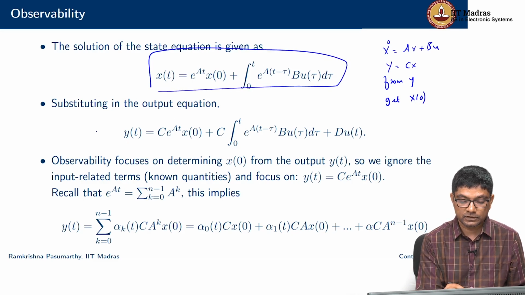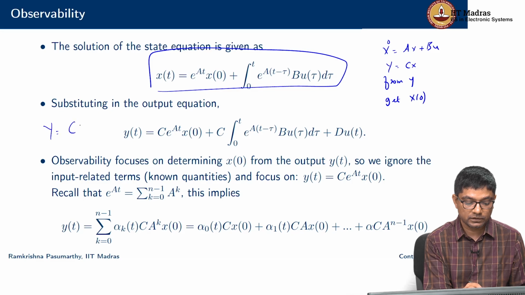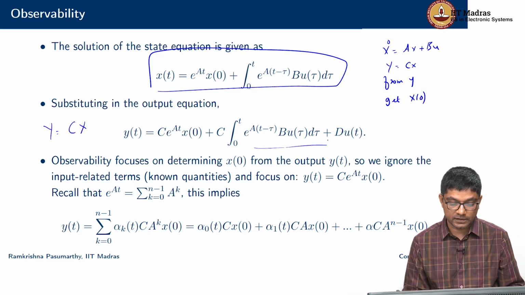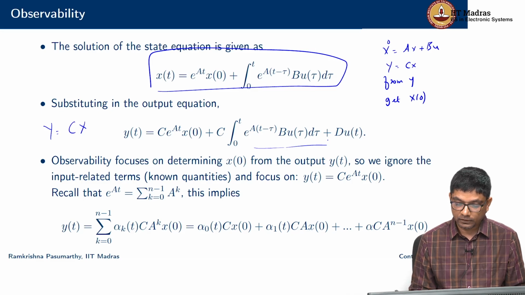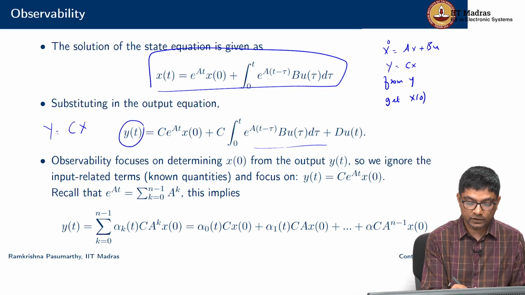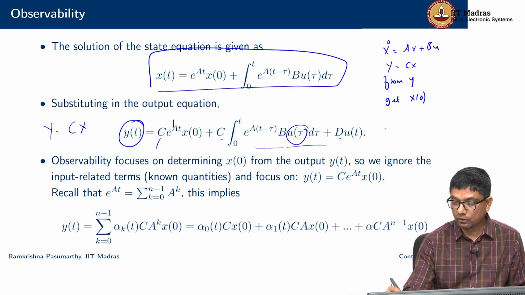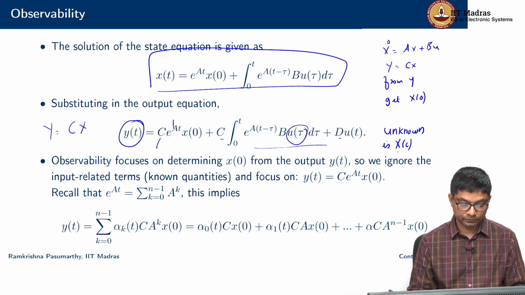I substitute this into y equal to C times x and I get this large expression. What is unknown here? I can measure y of t, C is known, e power At is known, the input signal is known, everything is known. The unknown is x naught.